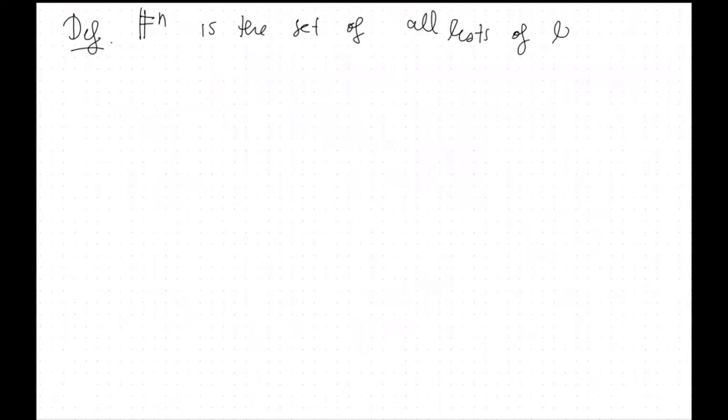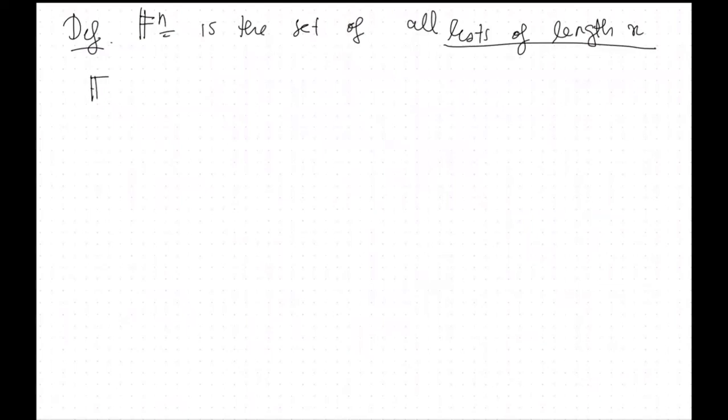Now we will introduce another definition. We have this F to the n. This is the set of all lists of length n. So n here is for the length n.